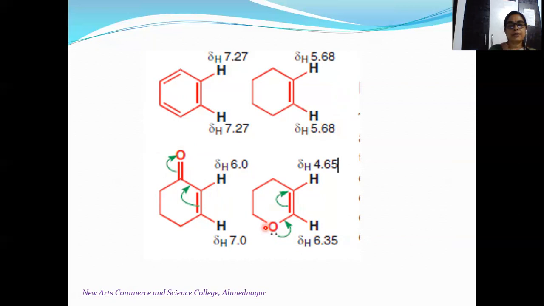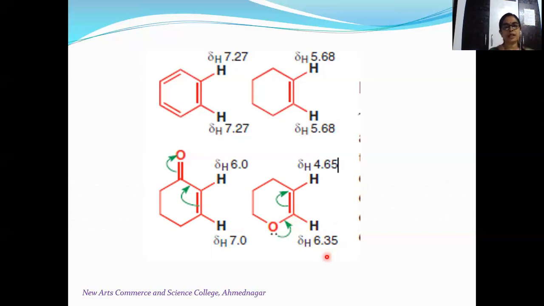Another example where oxygen is showing the electron donating resonance effect, the beta carbon atom is getting the negative charge, therefore the proton is shielded, 4.65. And at this alpha carbon atom, the delta value is high. This is because the alpha carbon atom is directly attached to an electronegative oxygen. So the delta value is 6.35.